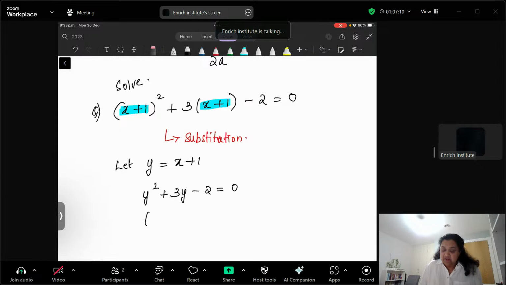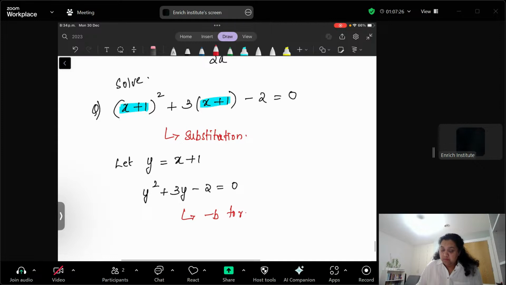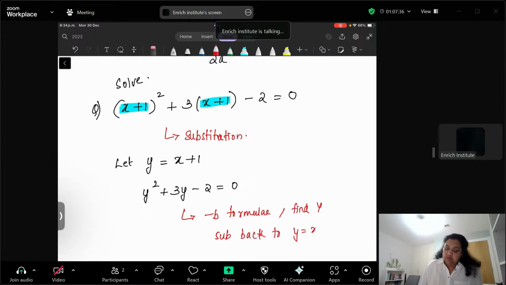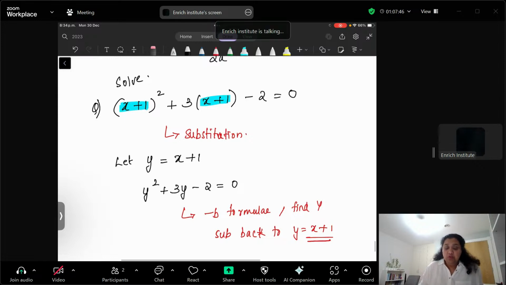Then I can factorize this, I can factorize this as y minus... no, you cannot get a factor here. You will have to solve this using the minus b formula. Find the value of y, and then substitute back y is equal to x plus 1 and find the value of x. So always remember, whenever you have a repeating pattern, you will use substitution.